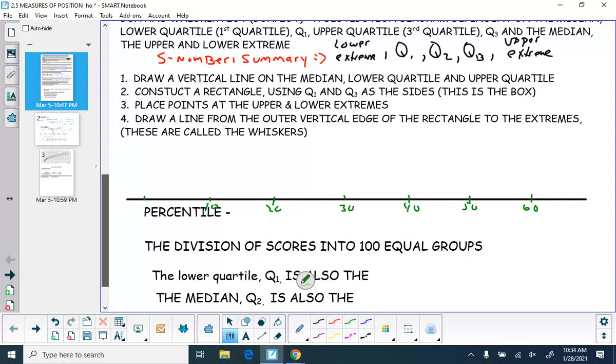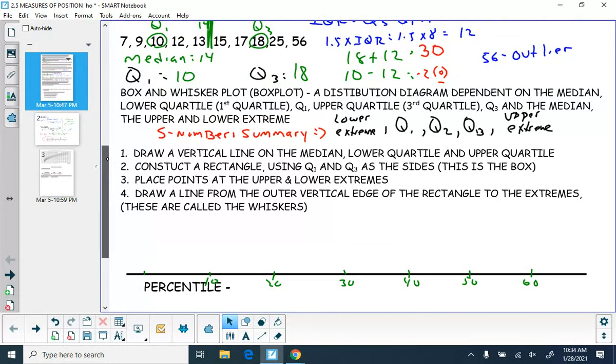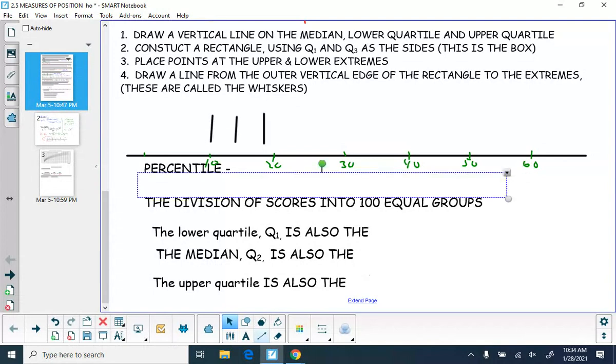First thing you do, draw a vertical line at the median, upper and lower quartile. So our median is 14, and 10 and 18 are the lower and upper quartile. So we have 10, 14, and 18. Draw vertical lines there.